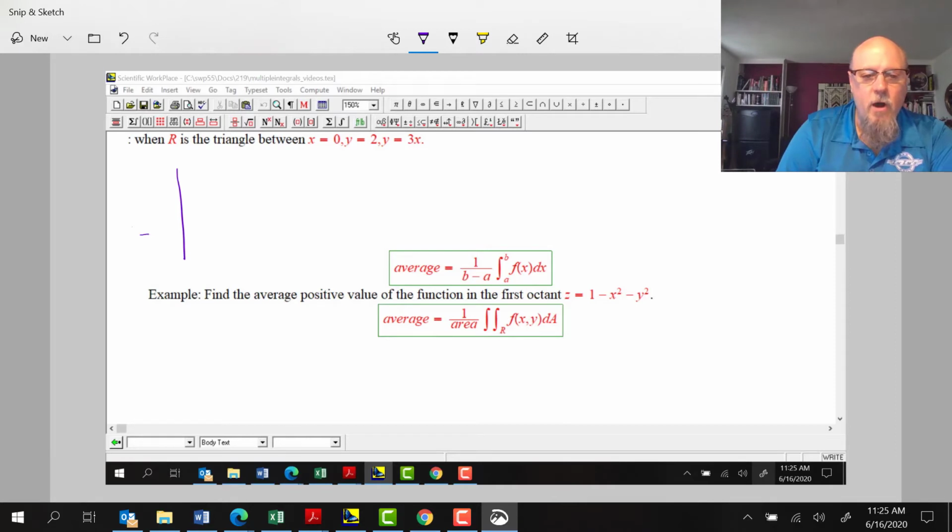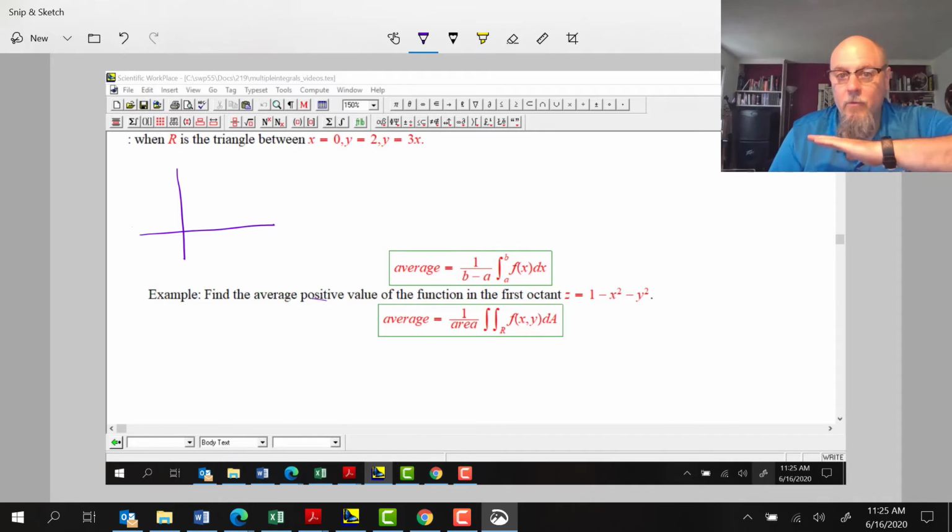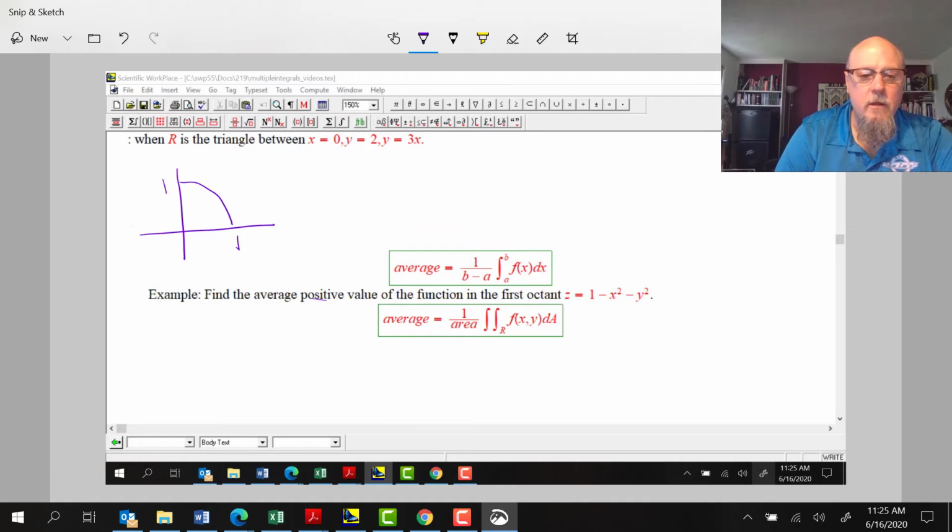If I draw z equals 0, which would be the dividing point between when z is positive and when z is negative, that would be x squared plus y squared equals 1, a circle of radius 1, but I'm only in the first octant. So this is the region that we're talking about.